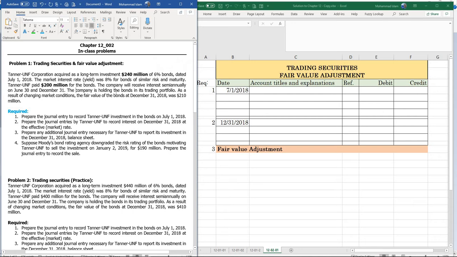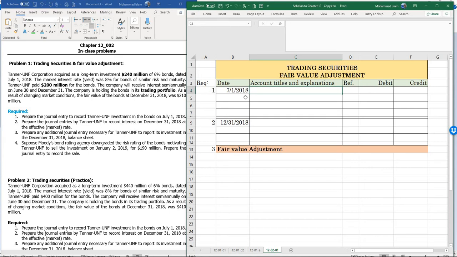Okay, so it was on discount. The company will receive interest semi-annually on June 30 and December 31st. The company is holding the bonds in its trading portfolio, meaning it is a trading security. Okay. As a result of changing market conditions, the fair value of the bonds at December 31st, 2018 was 210 million. So what do we need to do?